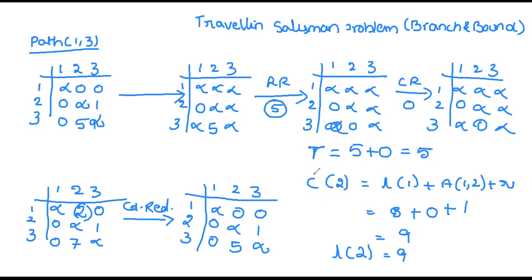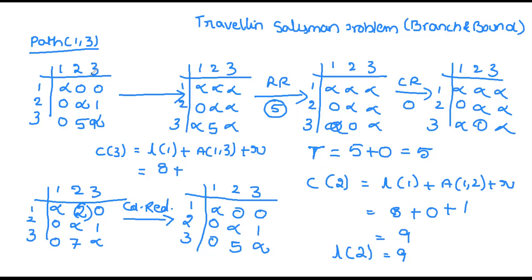After that you need to calculate the cost of 3. Here the cost of 3 is equal to, since we consider the path from 1, the lower bound of 1 plus the cost of A to 3 plus the row reduction. So here the lower bound is 8.